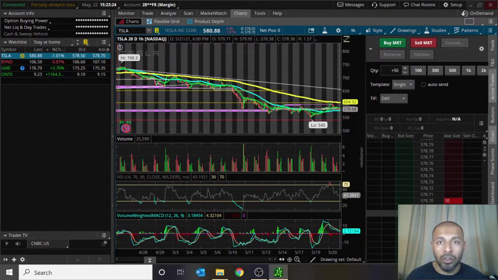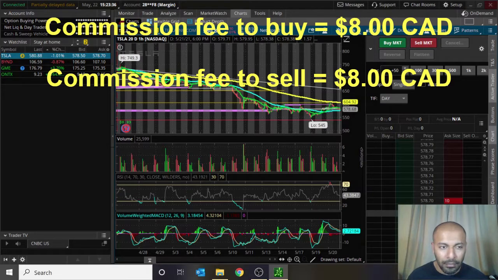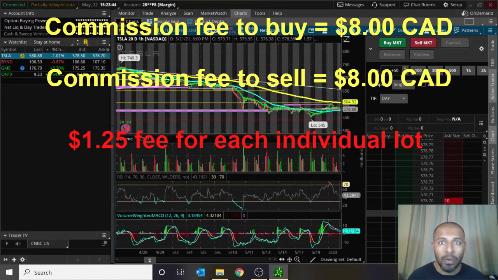Each brokerage is going to charge you different rates. Now, we all know Thinkorswim is a little bit more expensive. For options trading, buying and selling your options is $8, and each contract is $1.25, buying and selling.